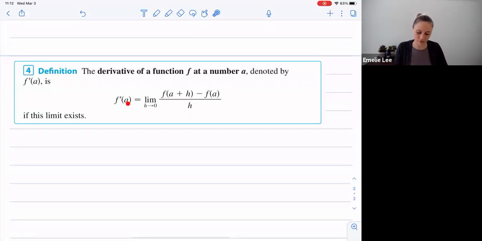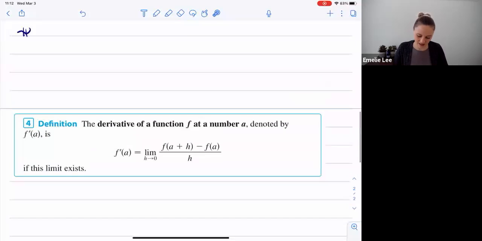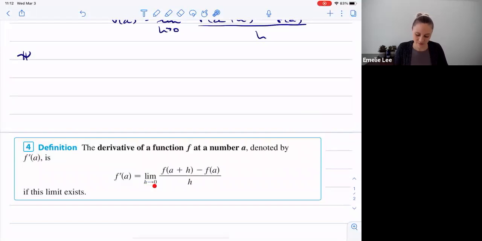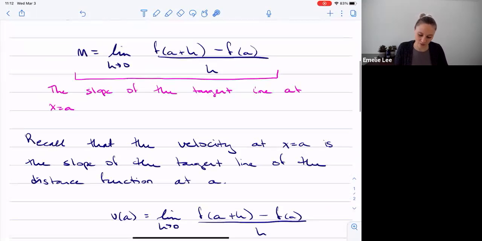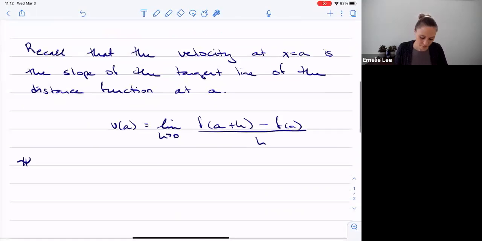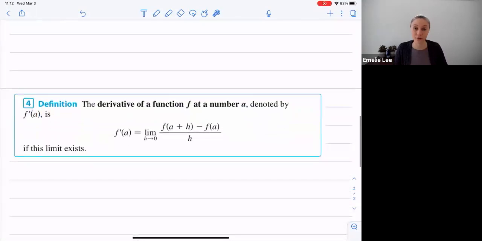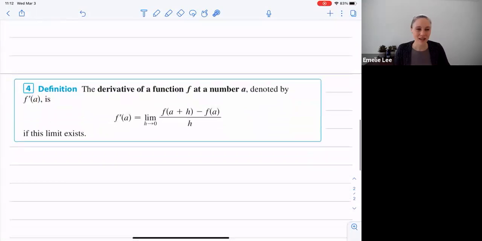Because what you can kind of convince yourself is that, well, okay, the limit as h goes to 0 of f of a plus h minus f of a over h sounds familiar, right? From up here, right? And also up here, right? So these are all the same limits. But now we're calling it by a third name, okay?